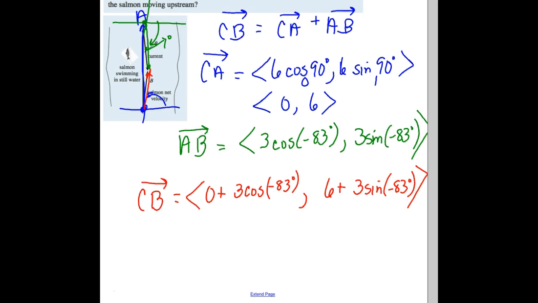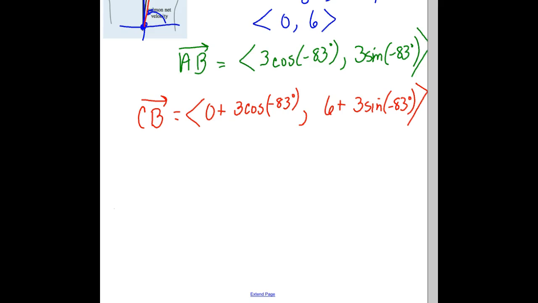Let's go ahead and get some decimals for those. All right, glancing at some papers, I'm seeing those too. Are we getting those same ones?